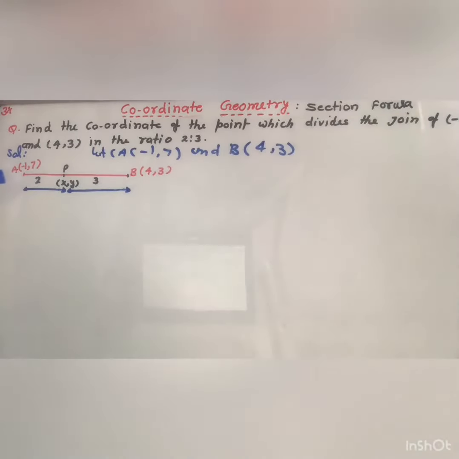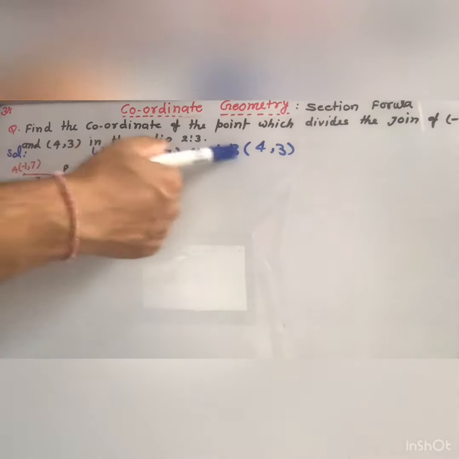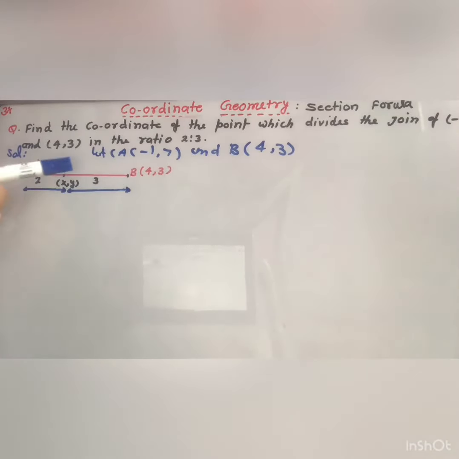Then you draw a line and mark these 2 points A and B, and then take P as a point just inside these 2 points. Let this be P, and the coordinate for this P is x comma y. The ratio means the parts of this line segment divided by this point are 2 and 3, which is the given ratio.